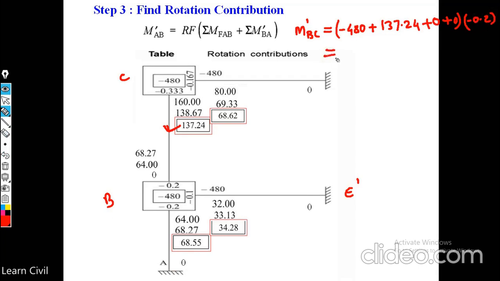So we get this value, M dash BC is equal to 68.55. So just write down this value here.